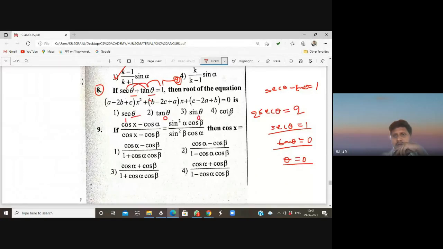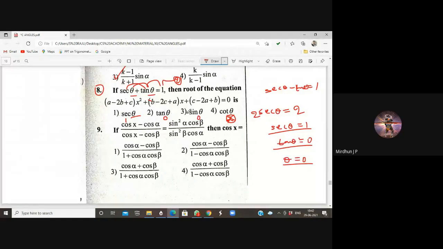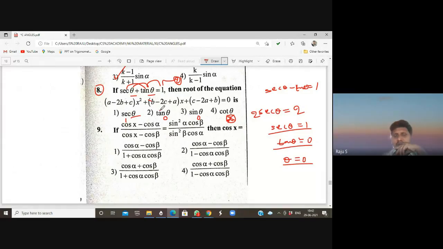Cot 0 is infinity, and we should not get any infinity. The answer cannot be 0, because then it would not be a quadratic equation. So substitute theta value 0 here and the equation is satisfied.